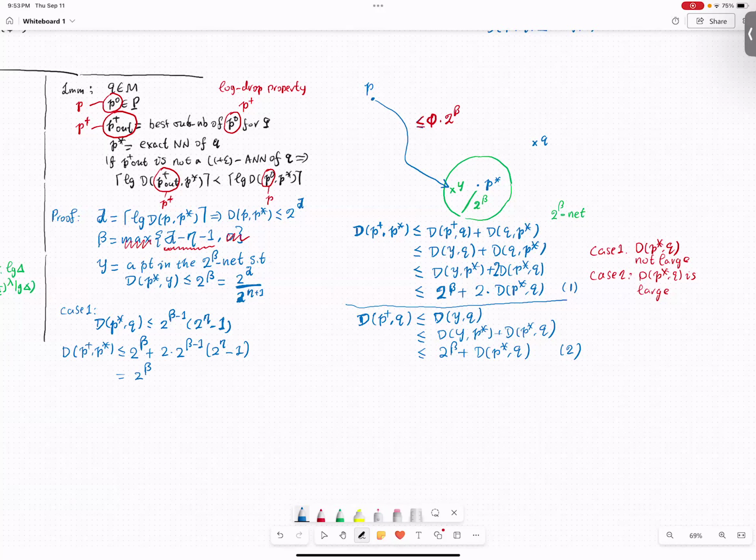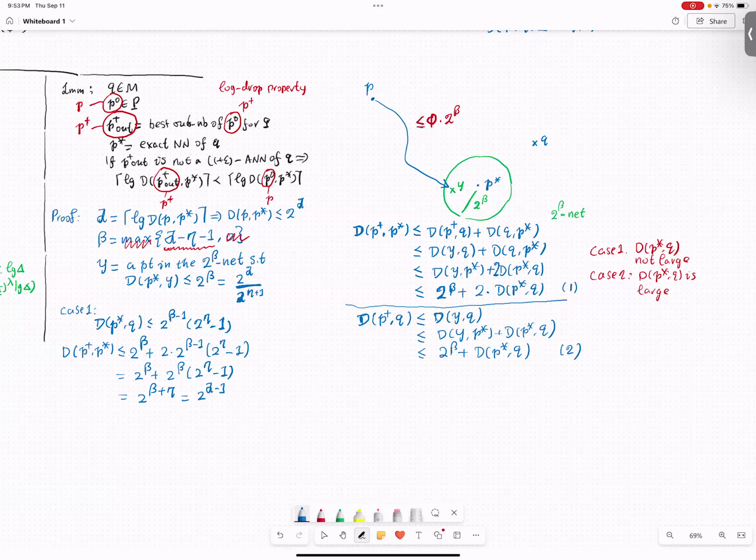So this is 2 beta, and then we have 2 beta here. Clearly, this is just 2 to the power of beta plus eta. But beta is equivalent to this expression here, so this beta plus eta is nothing but 2 to the power of minus 1. You see what I mean?